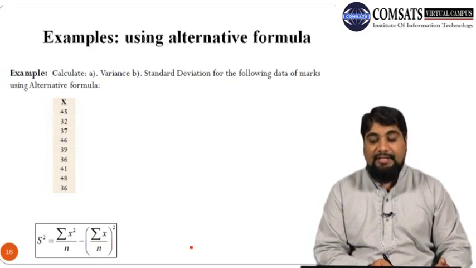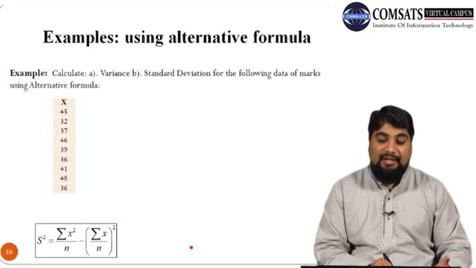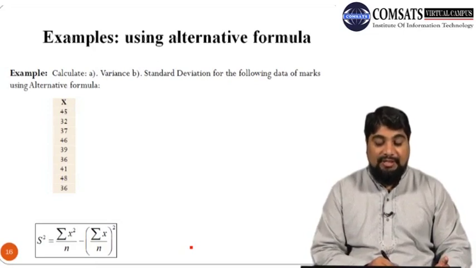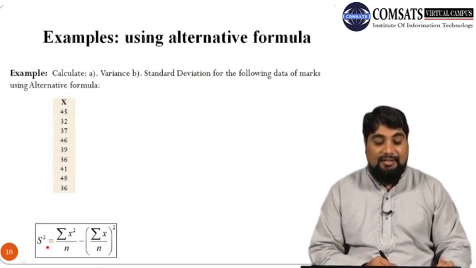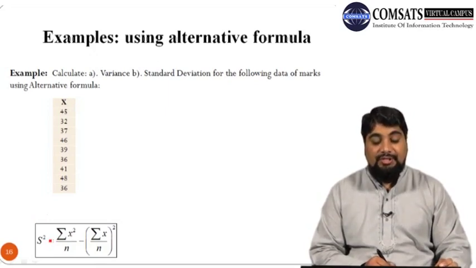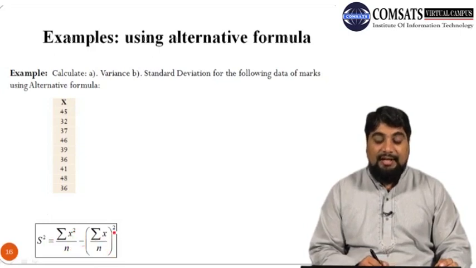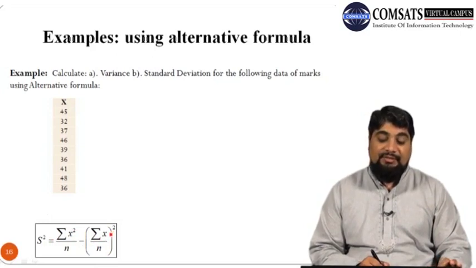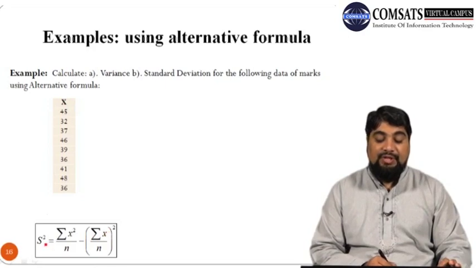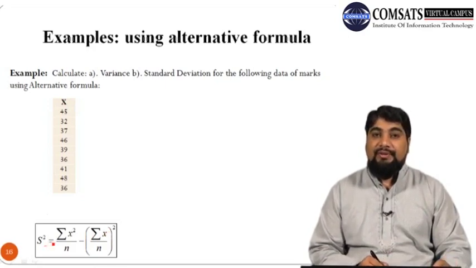And we are interested in calculating standard deviation. Remember that the formula for variance is S square equals summation x square over n minus summation x over n whole square. And in case of standard deviation, we need to take the square root of both sides.